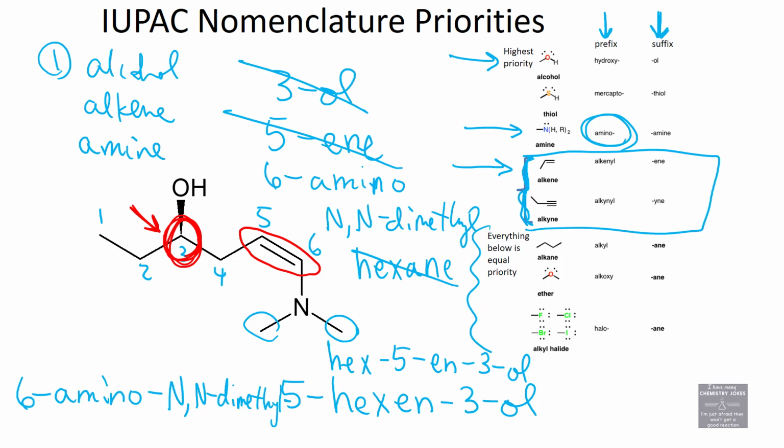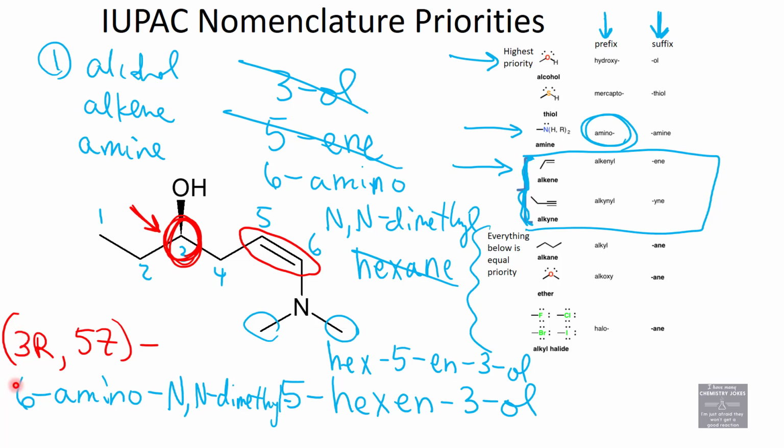The alcohol is, pause, R. 3R is my alcohol, and the alkene is Z, 5Z. So really the beginning of that name is 3R, 5Z, in parentheses, dash, 6-amino, N,N-dimethyl, 5-hexene 3-ol.